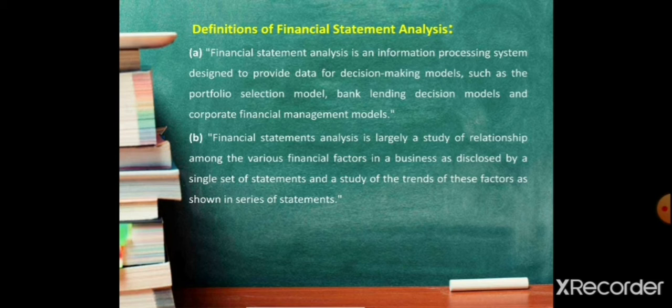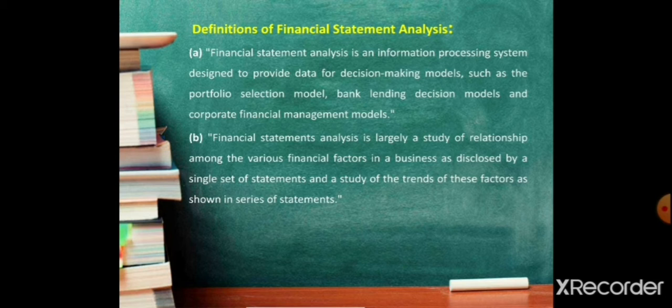Second, financial statements analysis is largely a study of relationship among the various financial factors in a business as disclosed by a single set of statements and a study of the trends of these factors as shown in a series of statements.